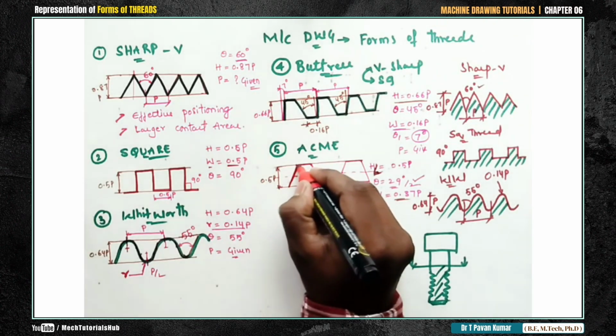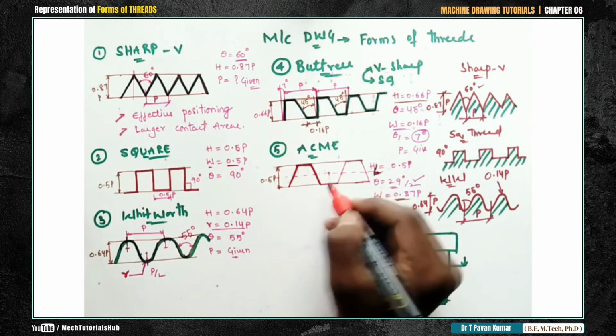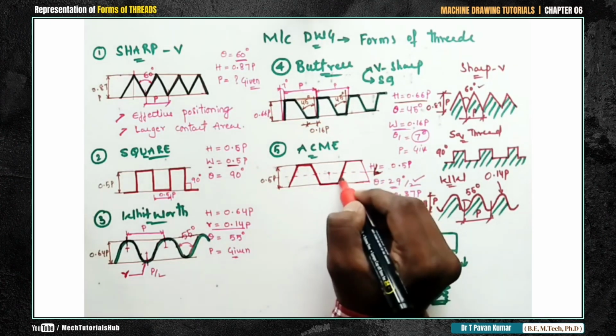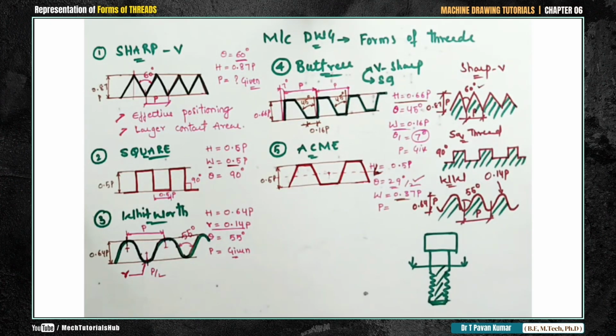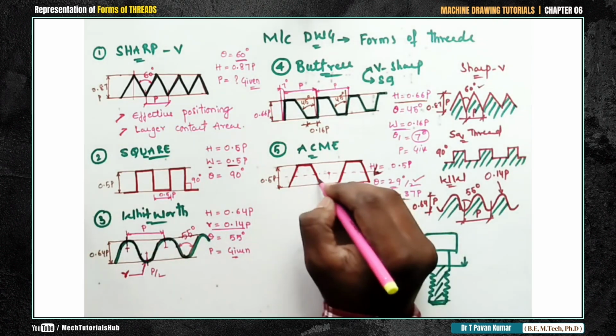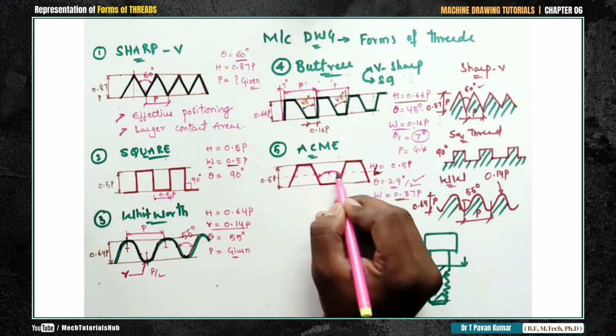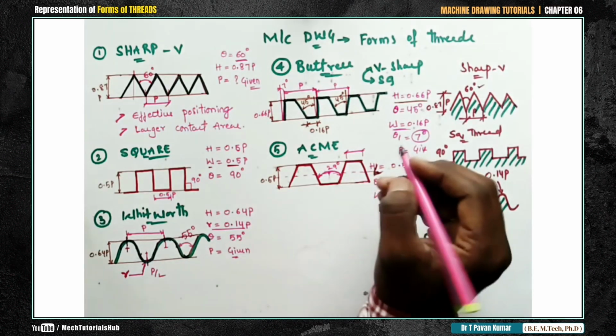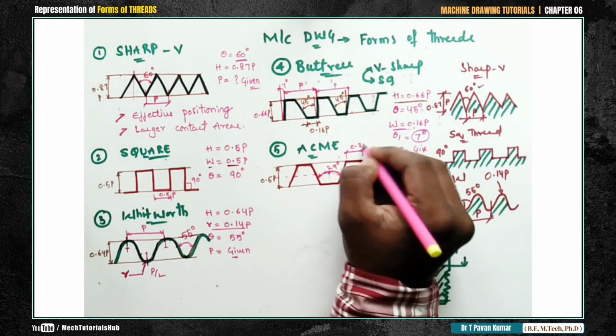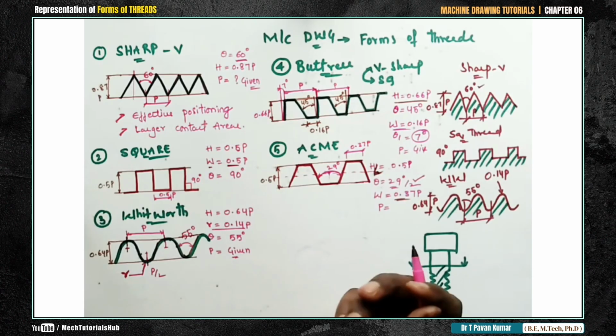From this end point, the extreme end of the width I am taking, from here to the next end, this distance is p, that is given already. Okay, and height we have already represented. So you can do it in both ways, by considering the value or else by considering the width also. This width from here, this point, this width is 0.5p, which is equivalent to the height. Okay, this is about acme thread.